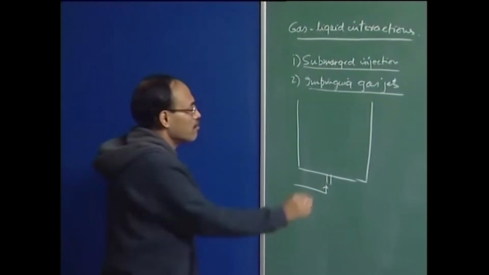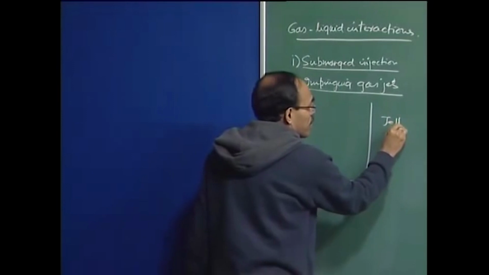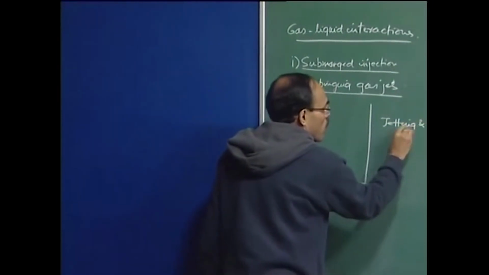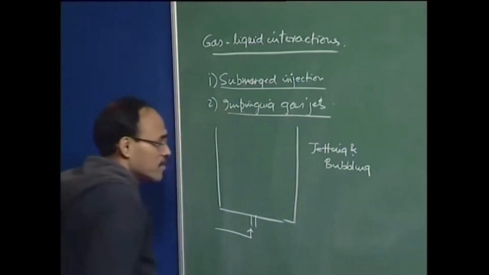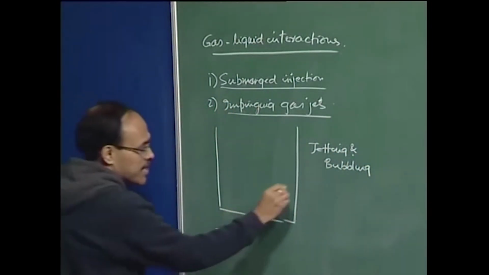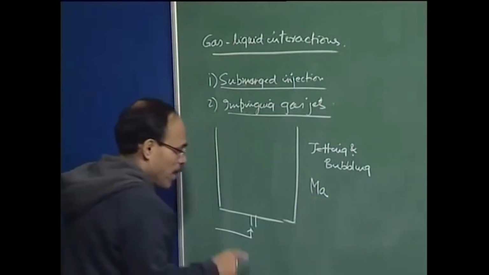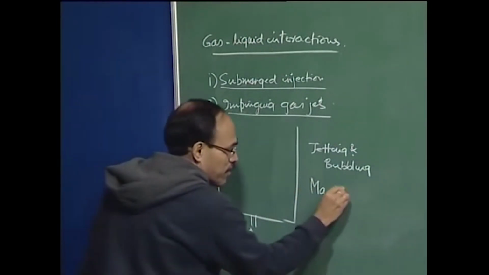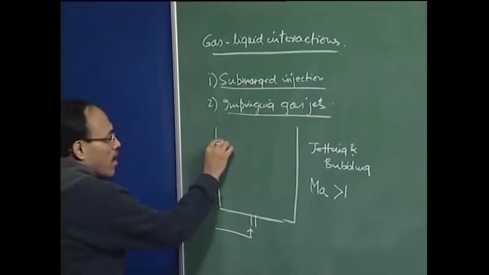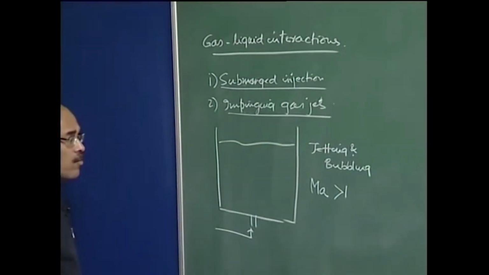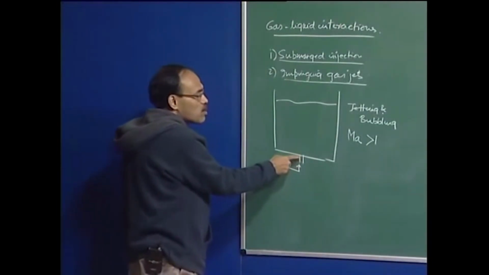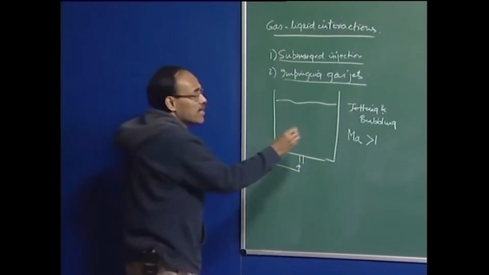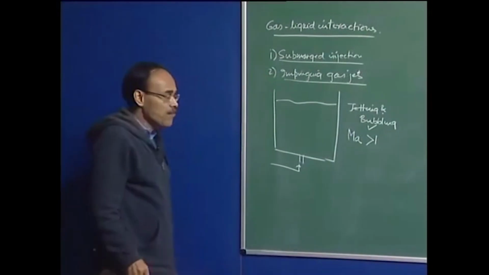Now, we can have phenomena called jetting and bubbling. Jetting ensues basically when the Mach number based on the free stream velocity is greater than 1. On the other hand, when the Mach number is much less than 1 and the velocity is very small, there is no jetting, and we get bubbling.